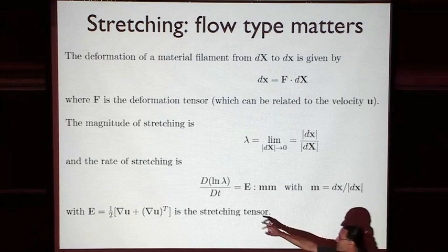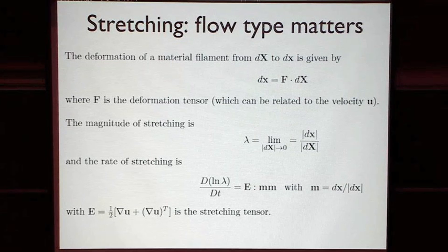Right? It's the partial derivative with respect to time plus u dot grad, in this case log lambda. And it scales with the rate of strain tensor denoted E, that scales with velocity gradients. M is a unit vector in the direction of the element.